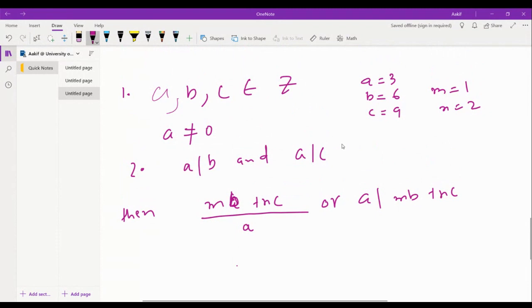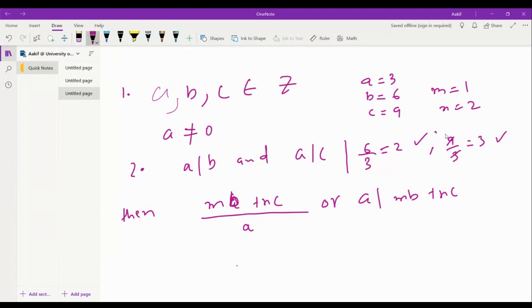So if you look at this part, which is A divides B, in this case this is 6 by 3, and it's true, it is divisible. The second part, which is A divides C, that is 9 by 3, and again it's true because we get 3.